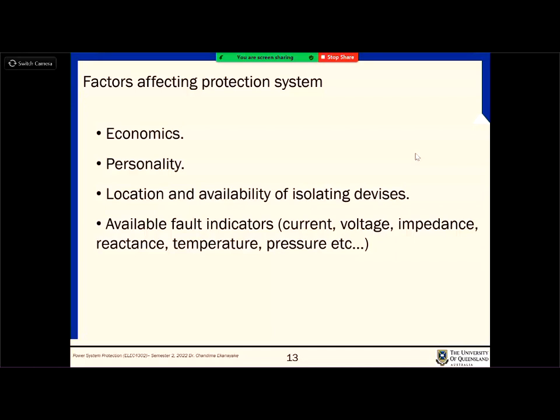When you are dealing with generators, temperature measurement is probably quite important to identify whether there is any significant zero sequence current flowing through the generator windings, things like that, right? So heaps of different measurements are available, and those indicators affect the protection system. If you have more and more indicators, then it's easy.